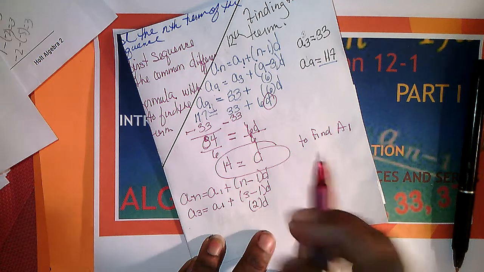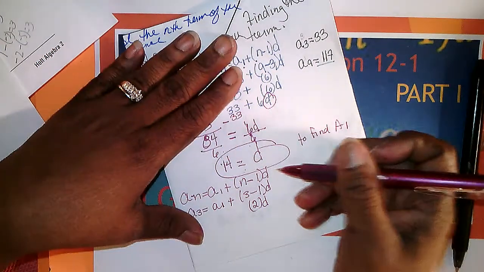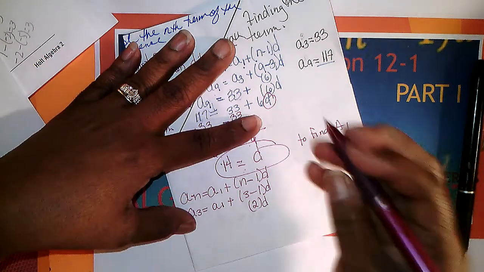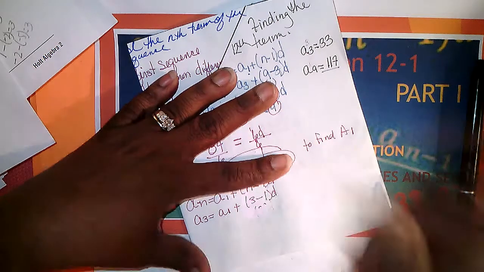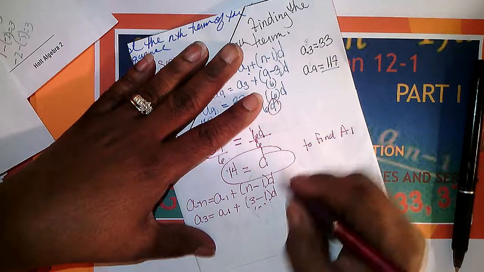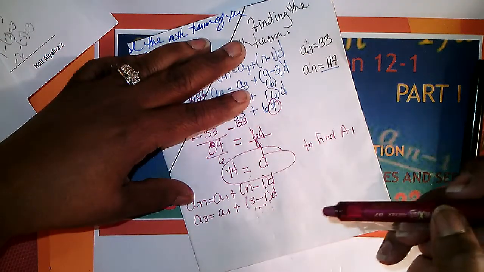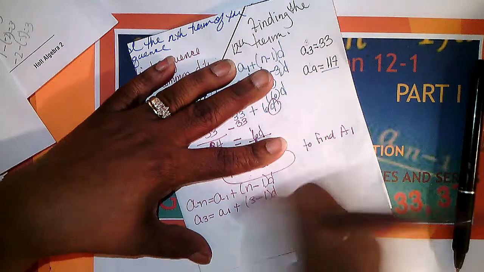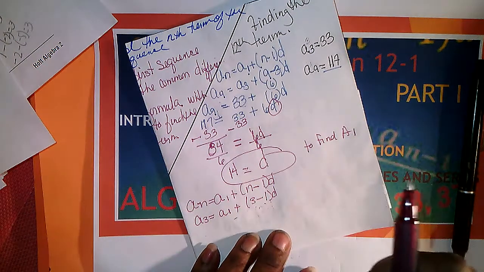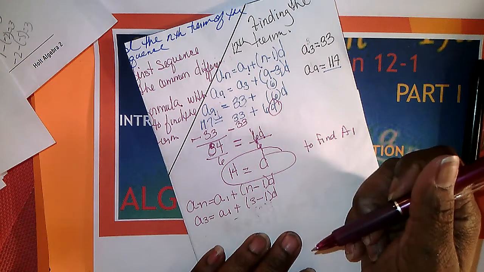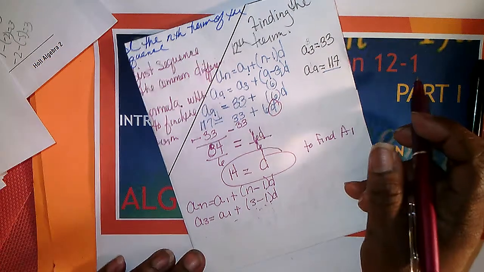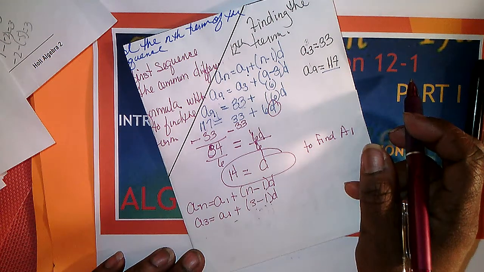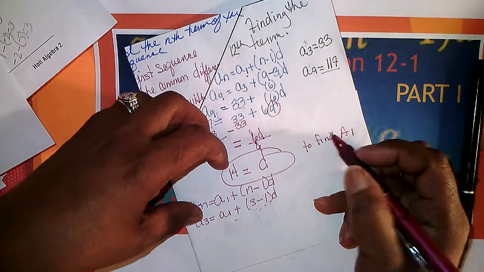We're trying to solve for a1. So 3 minus 1 is 2.